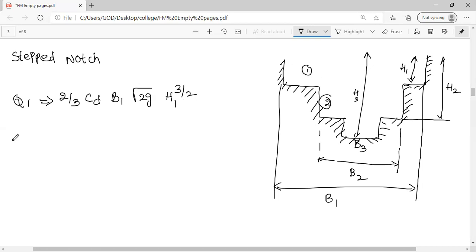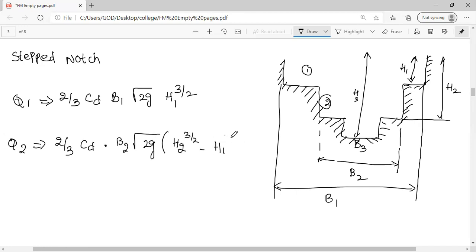If you write Q2, the discharge of the second, then we can write CD into B2 into root 2G into the difference, basically H2 power 3 by 2 minus H1 power 3 by 2.